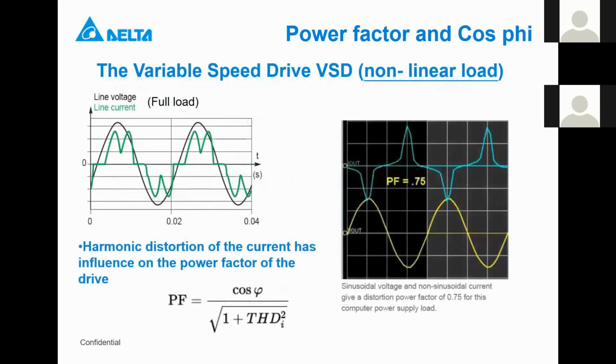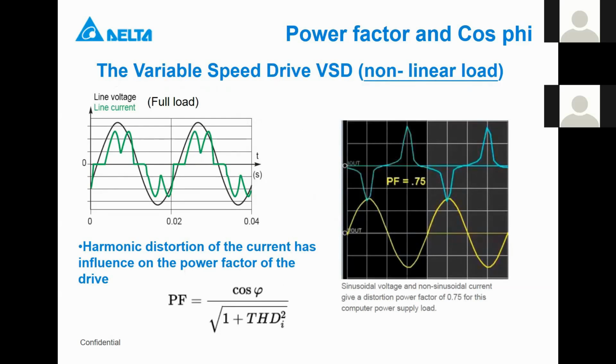Here at the left you see the current of a three-phase inverter connected to the mains supply. The voltage is still the same sine wave. The current doesn't look at all like a sine wave.